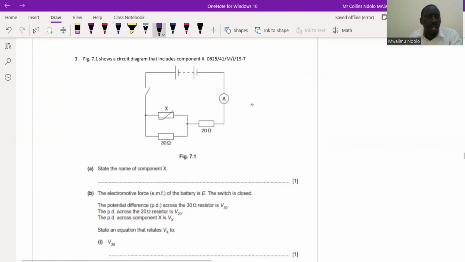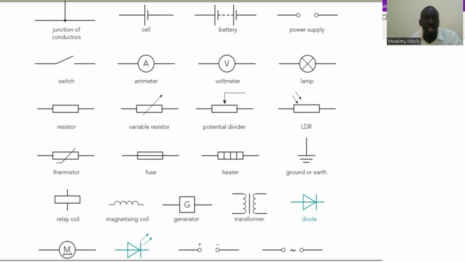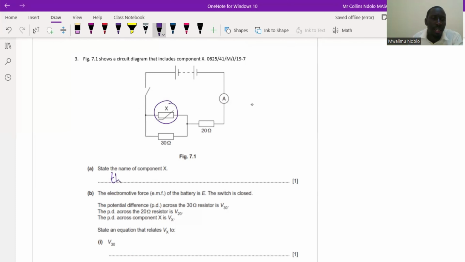Number 3, the figure 7.1 shows a circuit diagram that includes component X. State the name of component X. You can refer to the current IGCSE textbook so that you're able to learn the electrical symbols of all the components that you are required to know at this particular level. If you see this component here, this is none other than a thermistor.